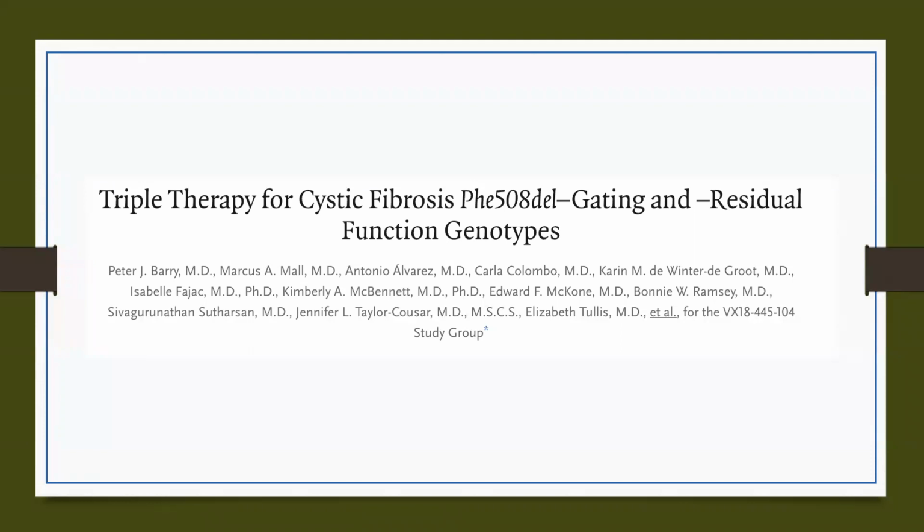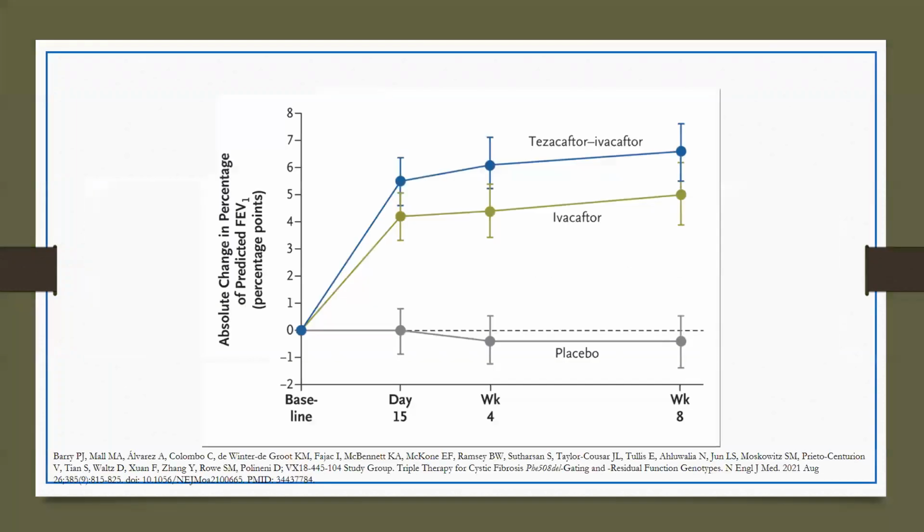And what they did in this case, so they did a 4-week run with either ivacaftor, so single therapy, or dual therapy. And then after that, they were randomly assigned to have either the triple therapy or an active control. And the active control could have been mono or dual therapy. And the primary endpoints they looked at in this study were the FEV1 again. And what they found was fairly promising.